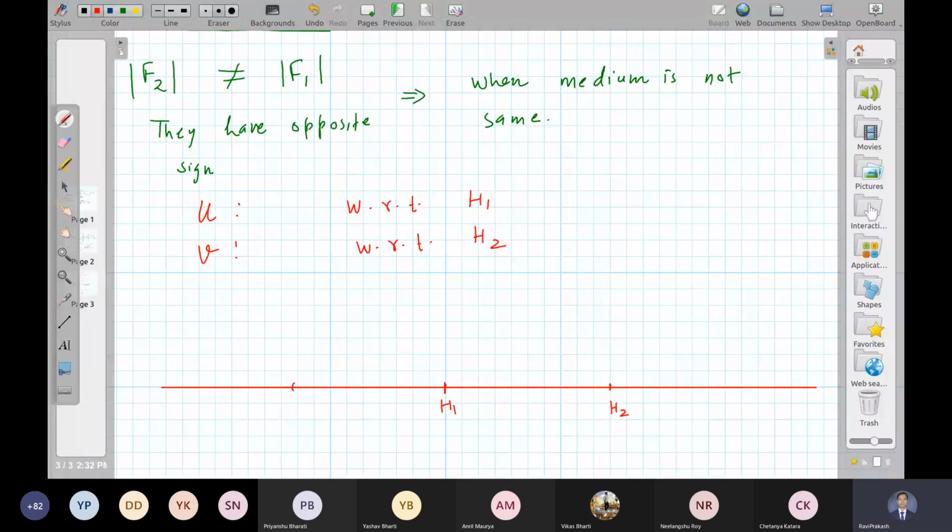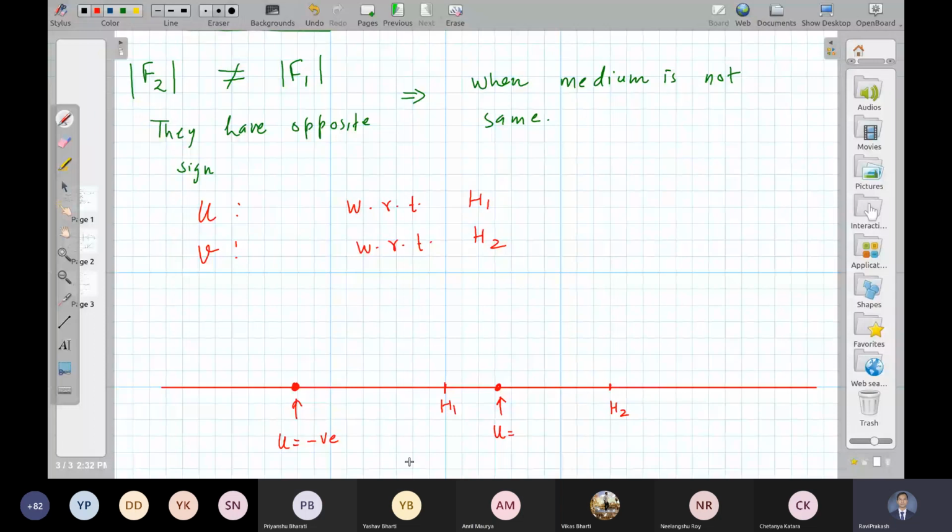If object is here, what is U? Negative, right? If object is here, then object यहाँ पर है तब क्या होगा? Negative or positive? Positive.